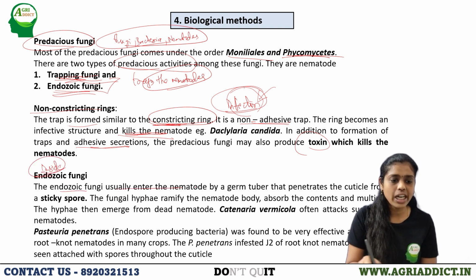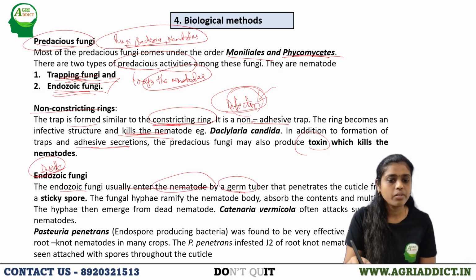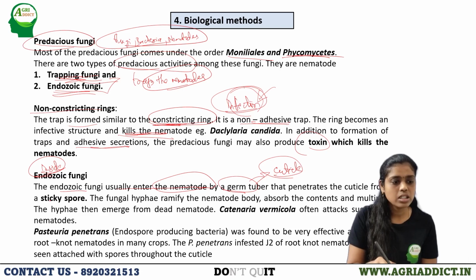Endozoic fungi usually enter the nematode mainly by a germ tube, which is able to penetrate the cuticle of the nematode, mainly from a sticky spore produced by the fungi.